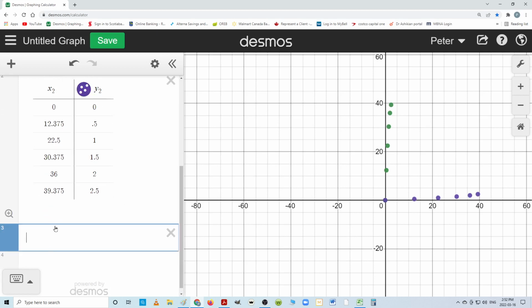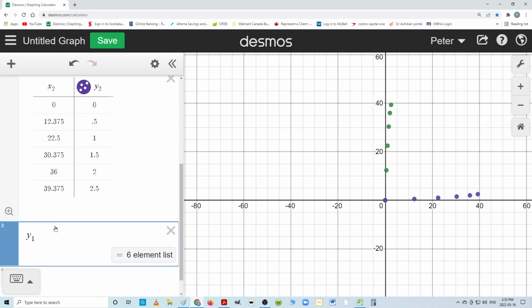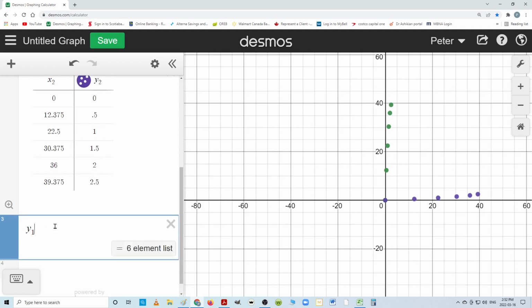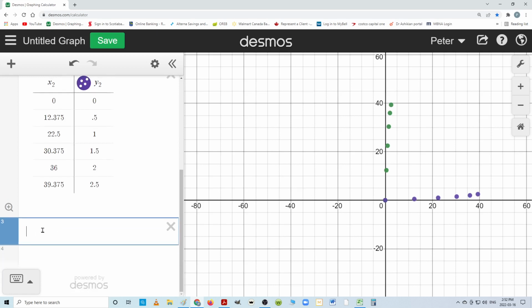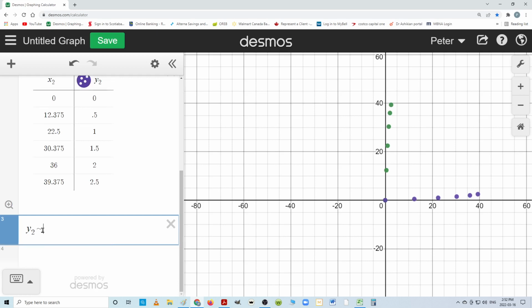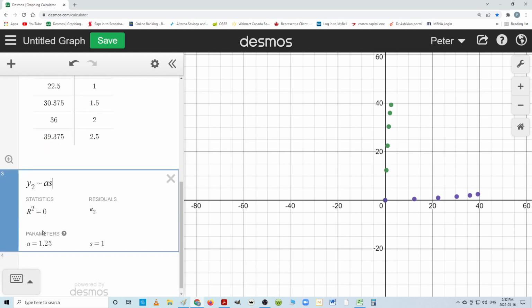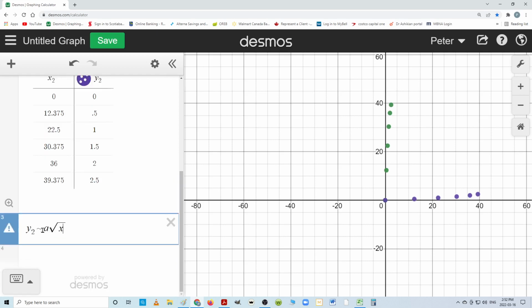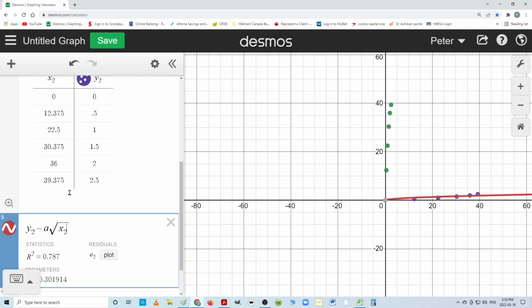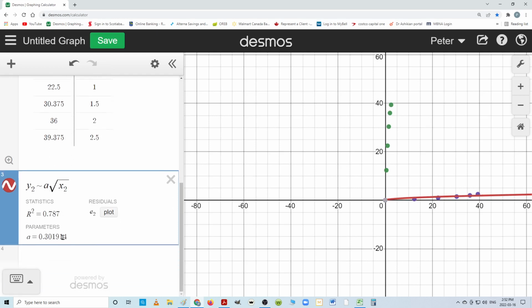Now, Desmos can also calculate a formula from those second ones as well. So you can do shift tilde. And you just have to use the correct thing. So we've got a square root function of x2. Couldn't quite do it because we're missing a couple of values. We could do b, and we're not going to have a c here.